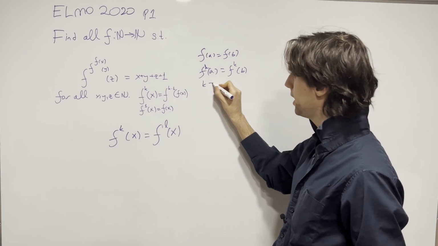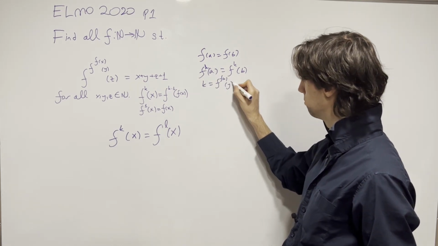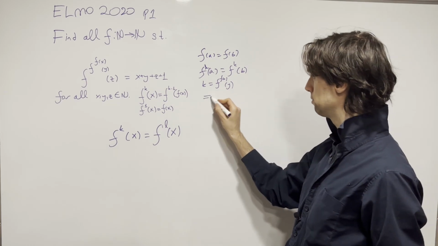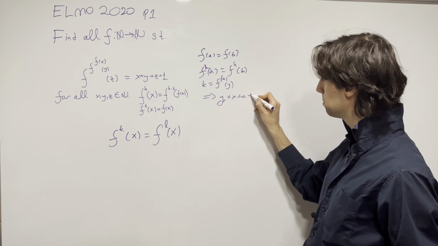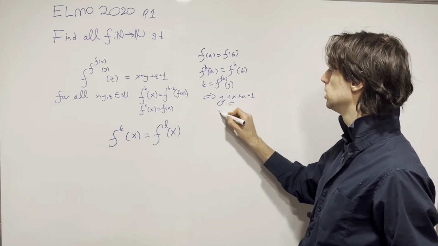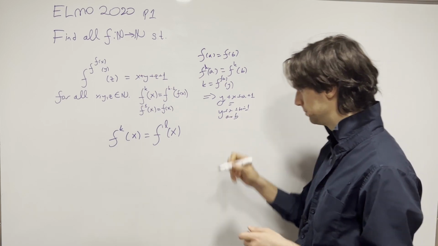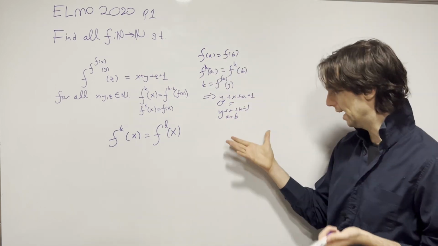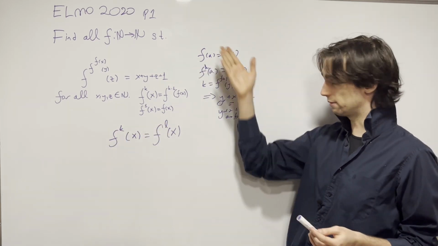Now if we set k to be equal to f of x of y, then here we will have that y plus x plus a plus 1 is equal to y plus x plus b plus 1, i.e. a is equal to b. So now this means we have an injection.